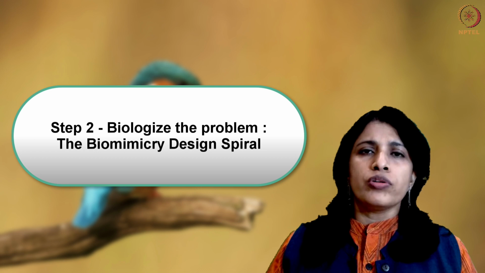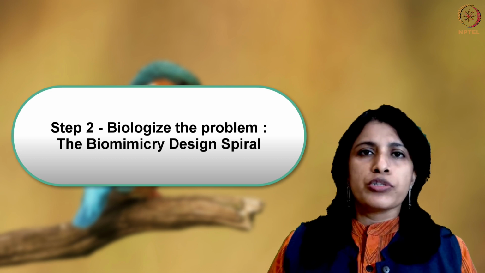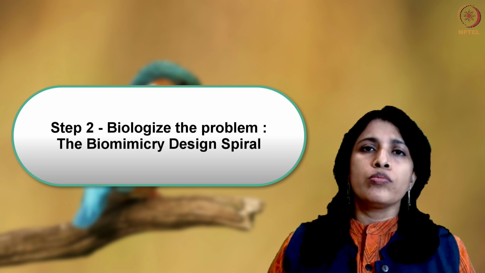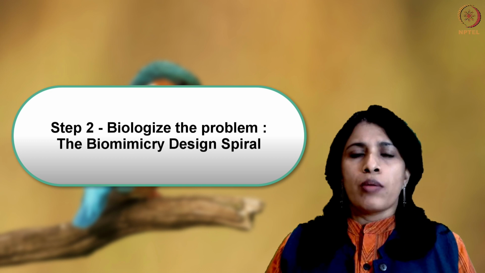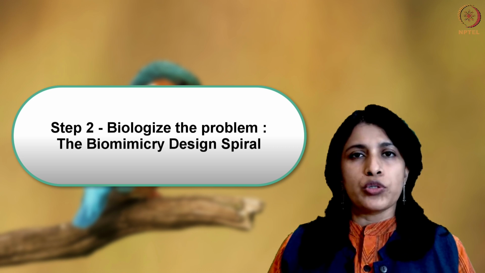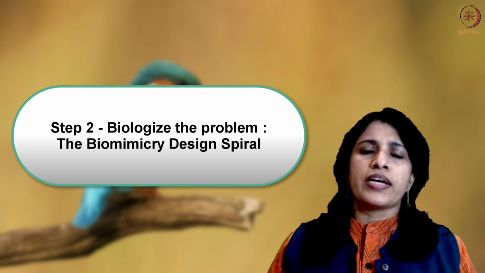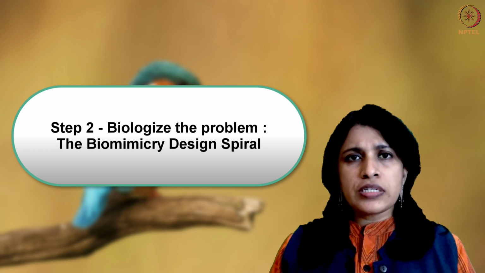And as you go through the design spiral now to the next step, which is biologize, you'll see that function assumes larger importance because you'll need to understand function really well when you start doing these steps as well. So we are going to go to the next step, which is biologize.